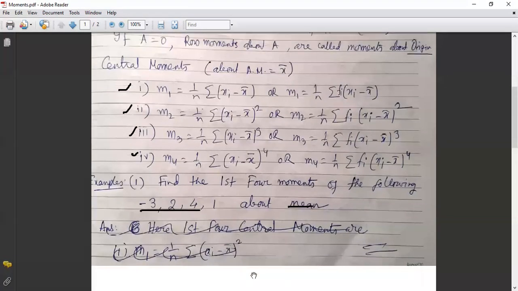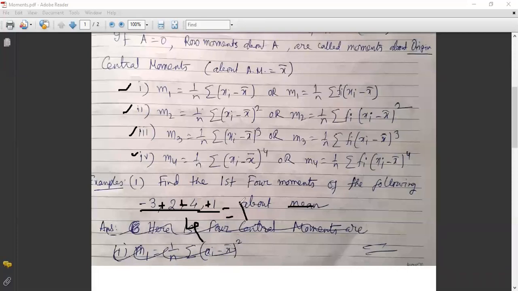Now how to calculate the mean? The mean will be -3 plus 2 plus 4 plus 1 by 4, and the value will be 1. 7 minus 3 is equal to 4. 4 by 4 is equal to 1.